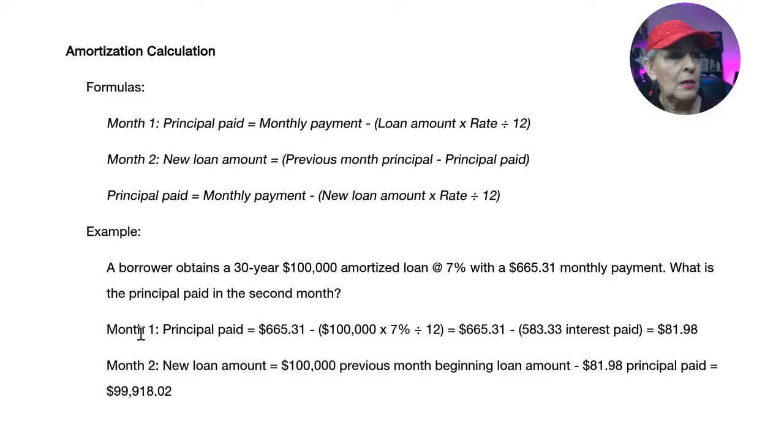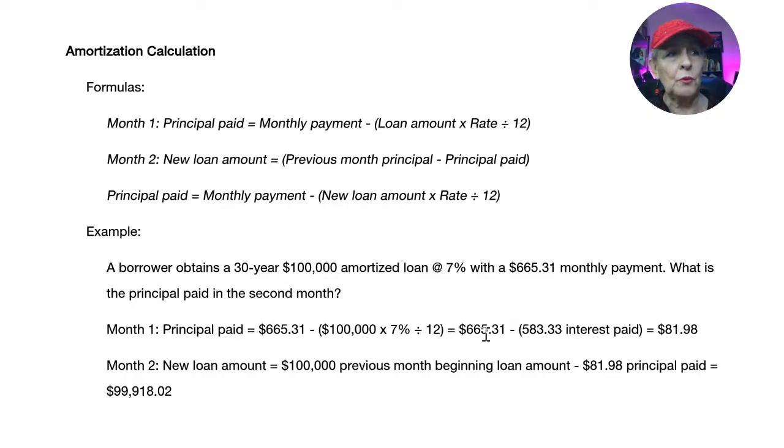Okay, so a borrower got a 30-year loan, $100,000 amortized for 30 years at 7% interest. The monthly payment is $665.31. What is the principal paid in the second month? So month 1, principal paid: $665.31. The original loan was for $100,000, times 7% divided by 12.